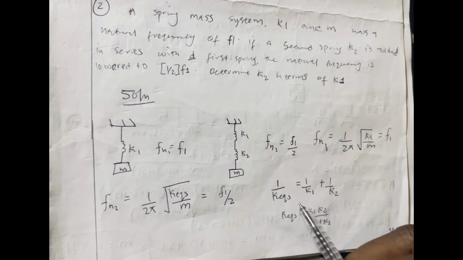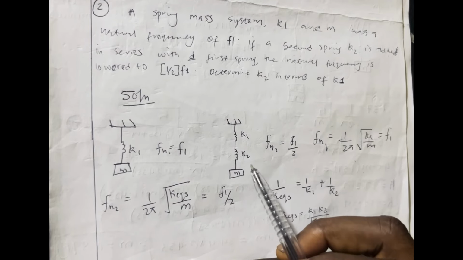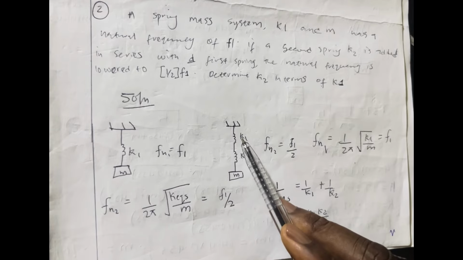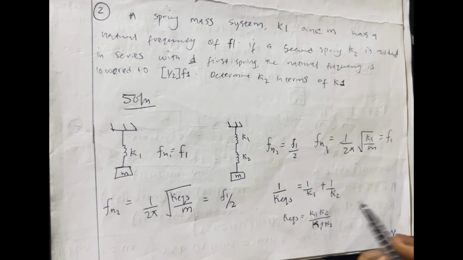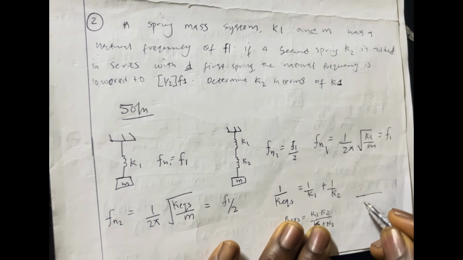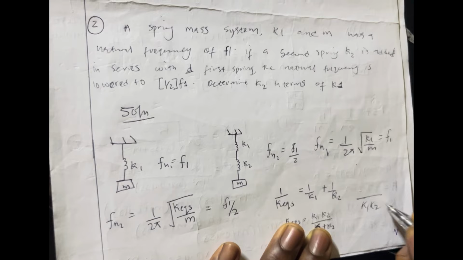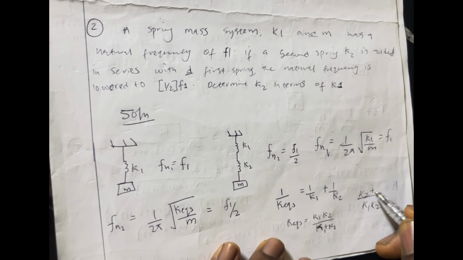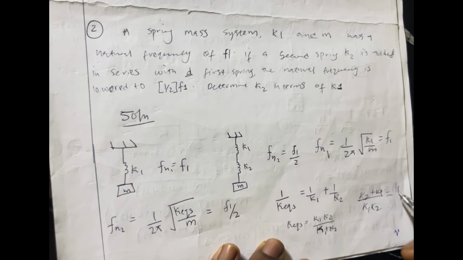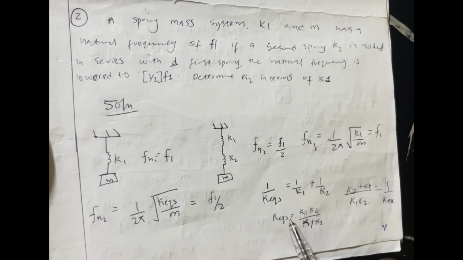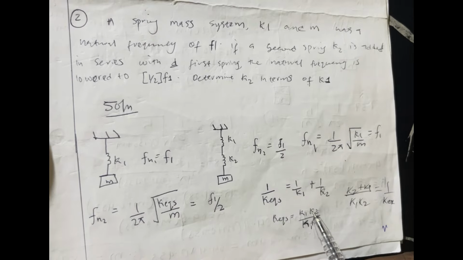When two springs are in series, we have 1 over K equivalent equals 1 over K1 plus 1 over K2. Taking the LCM of both, we have K2 plus K1 over K1 K2 equals 1 over K equivalent. The inverse of this is what gives us K equivalent.